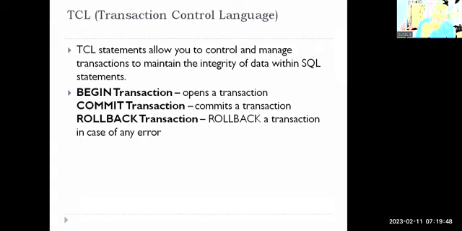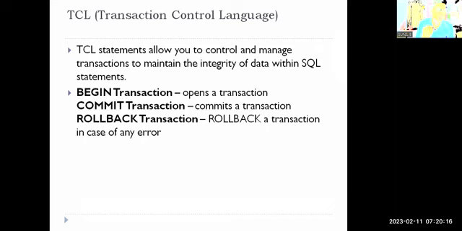The three important statements are begin, commit, rollback. You use these three to open the transaction, commit the transaction, and roll back in case of any errors. These are the TCL statements, transaction control language statements only.